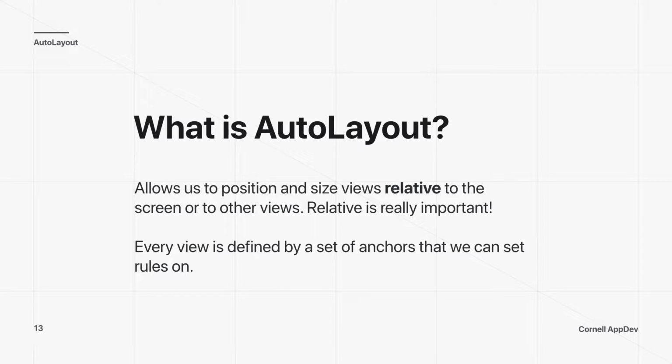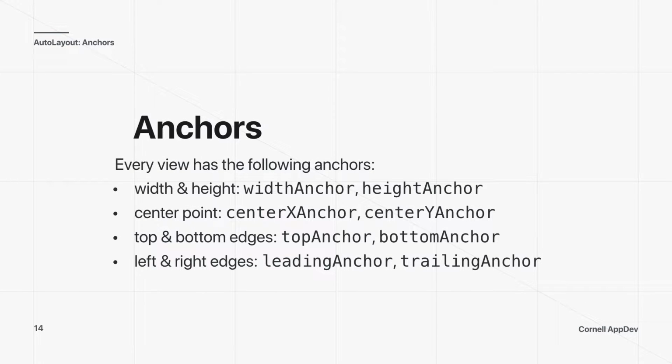And then every view that you have is defined by a set of anchors that you set those rules on. So every view will have anchors that describe its width and height in terms of size. And then for the position, there's anchors for the center point, both in the X, so horizontal direction, and the vertical direction, as well as the top and bottom edges, and then the left and right edges as well.